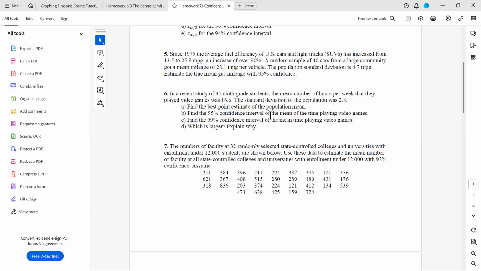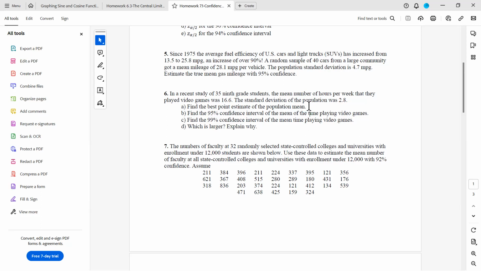And there's 2 ways to estimate the mean, with the confidence interval or with the single value, right? The single value is called the point estimate. Now, what is the best point estimate? What is the best single number estimate for the population mean? What is it? 16.6. Right, that's exactly right.